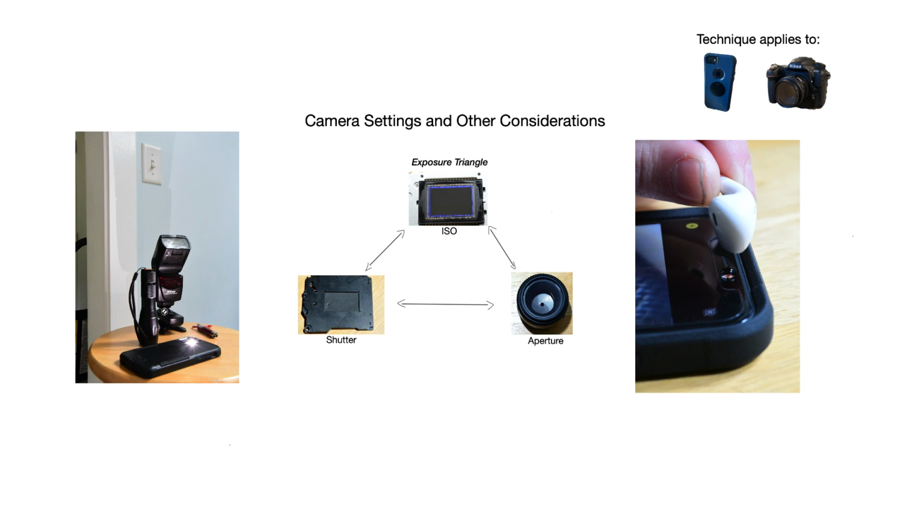I highly recommend whenever you're doing macro photography, bring a flash with you or a flashlight or your cell phone light or whatever you have with you and get lots of light. You're rarely going to have too much light for macro, but because you're so close to your subject, get that light as close to your subject as you can, and that's going to greatly improve those macro images.